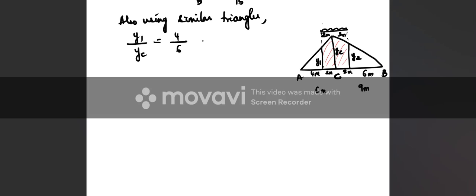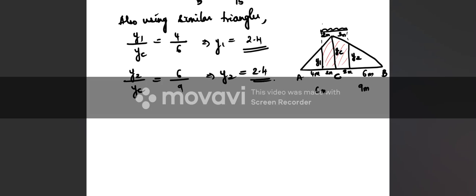YC is already found as 3.6, so Y1 you will get as 2.4. Similarly, Y2 by YC is equal to 6 divided by 9. From this, Y2 is also obtained as 2.4.